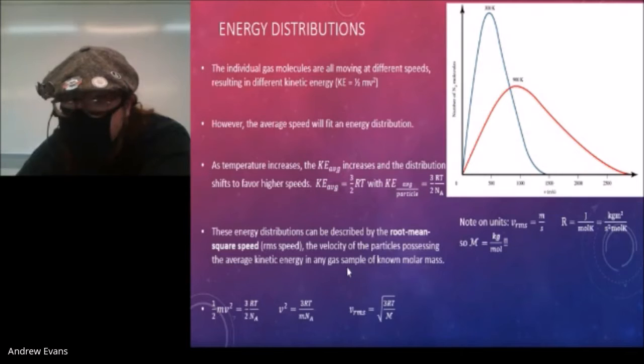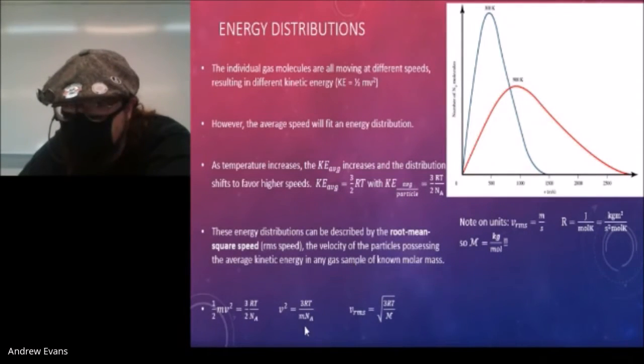So the kinetic energy of a gas will actually be dependent on its molar mass. Because kinetic energy is equal to 1/2 mv squared, but kinetic energy is also proportional to temperature based on 3RT over 2 Avogadro's number.